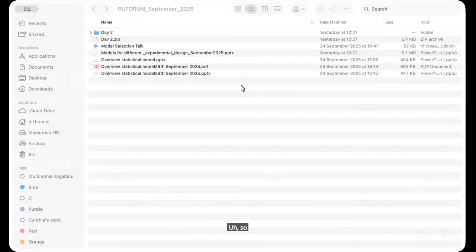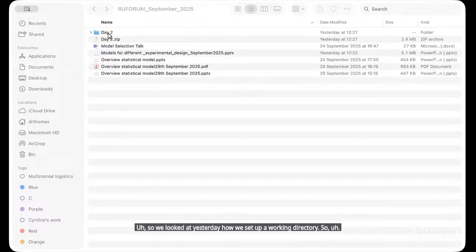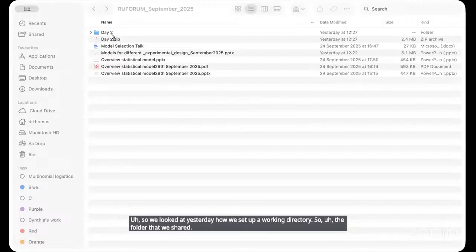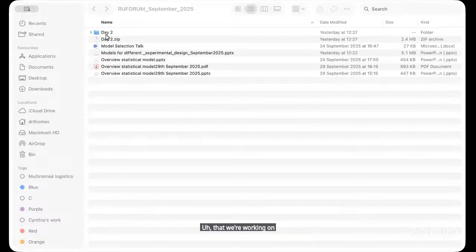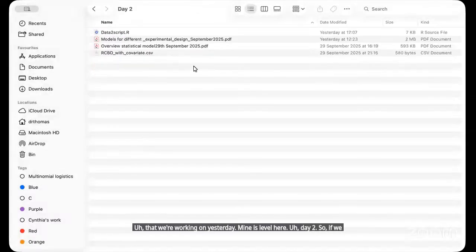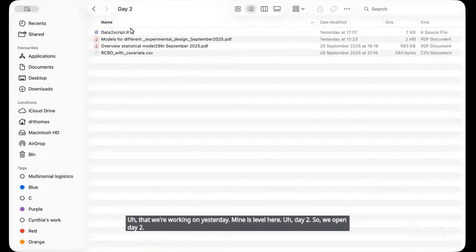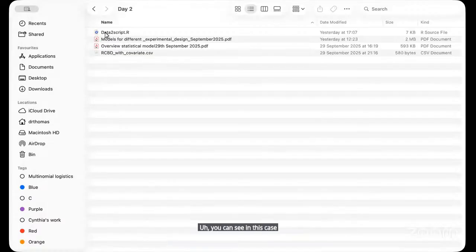So we looked yesterday at how we set up a working directory. The folder that we shared and were working on yesterday, mine is labeled here day 2. If we open day 2, you can see in this case that I have the script ending with .r.